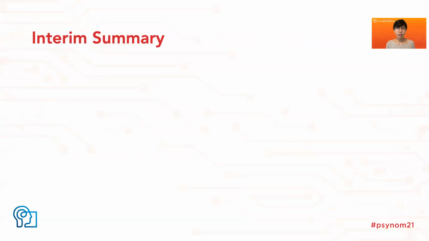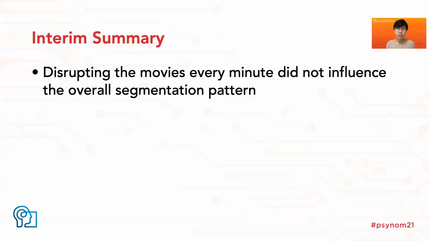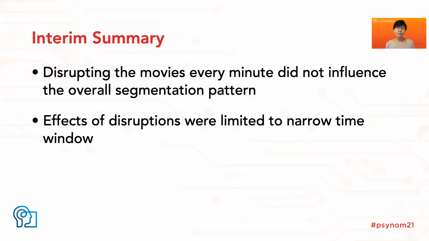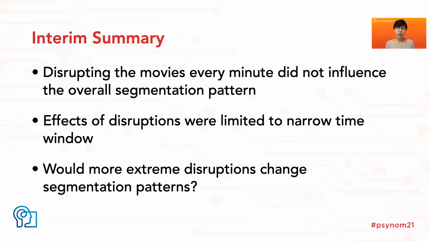So overall, the results from this first experiment show that disrupting the continuity and coherence of movies at every minute interval did not influence overall segmentation pattern, and that the effects of these disruptions were limited to a narrow time window. So, would we see larger influence on segmentation patterns with more extreme disruptions?